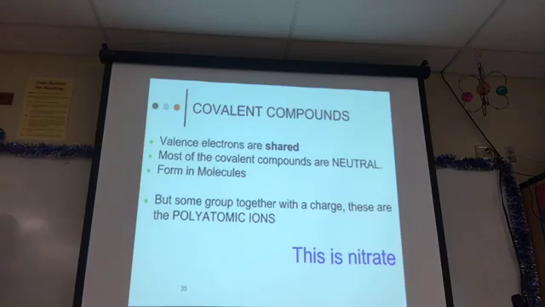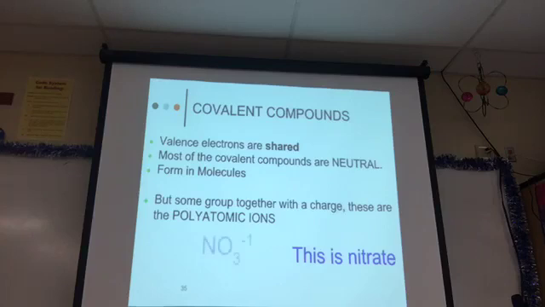But as you know, some of these groups of covalently bonded atoms will have a charge on them. Your polyatomic ions. Remember those from earlier today? What is nitrate's formula? NO3.